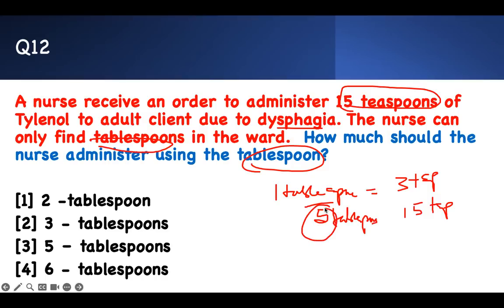So she only has tablespoons. She should give the patient 5 tablespoons instead of 15 teaspoons. So the right answer is this. This is just a concept for you to know. That's all. Probably you already know, but it's a bonus question.